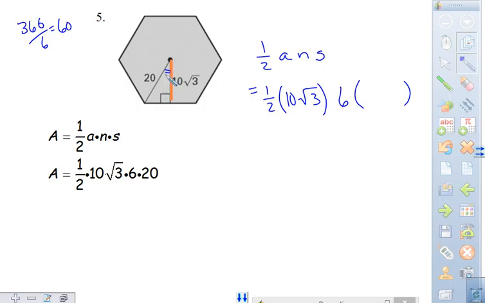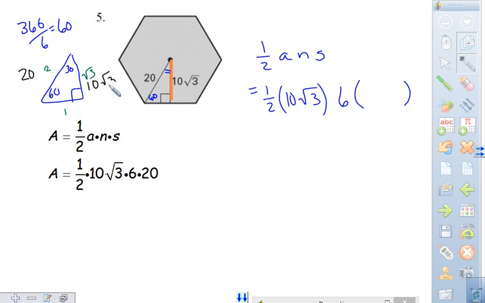So then you could use your special right triangles. If this is 30, that means that this angle is 60. So opposite of 30 is 1, opposite of 60 is square root of 3, and opposite of 90 is double. The side lengths that we're given are 20 and 10 roots of 3.